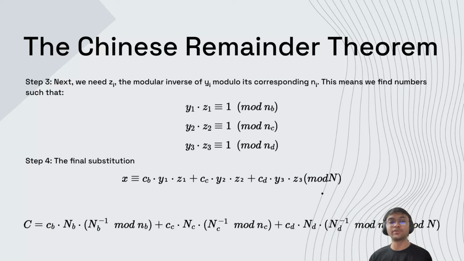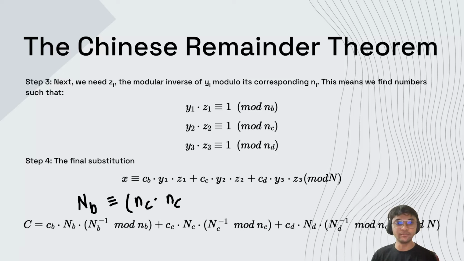This is the same thing as what we did in the previous slide. Note that the shorthand notations for NB, NC, and ND are just constructed over here. We are using shorthand notations for these things. NB was nothing but NC times ND, and NB inverse is nothing but the inverse of this thing.